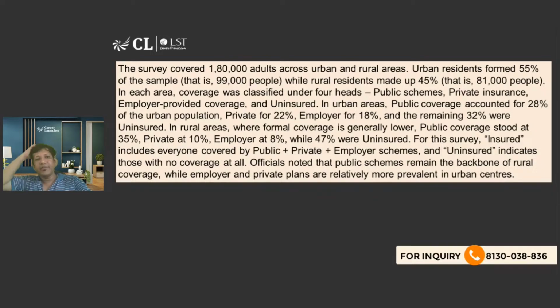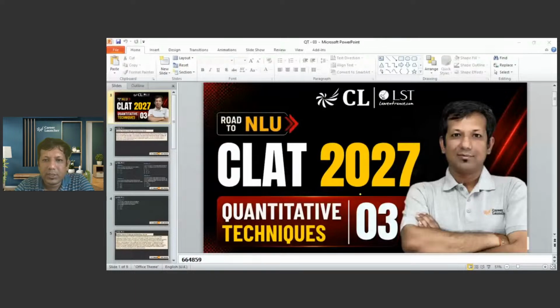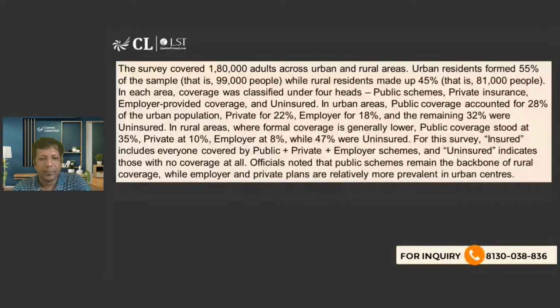The survey covered 180,000 adults across urban and rural areas. Urban residents, just give me a moment. I think something happened.